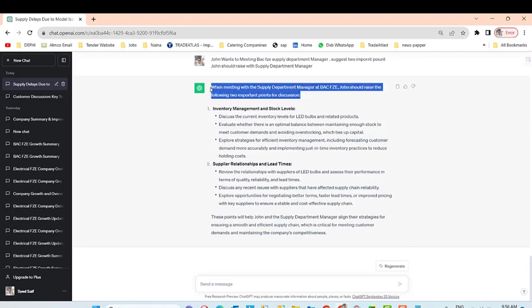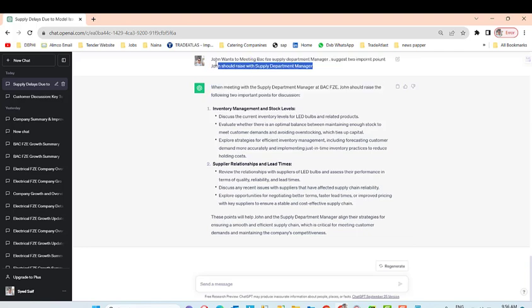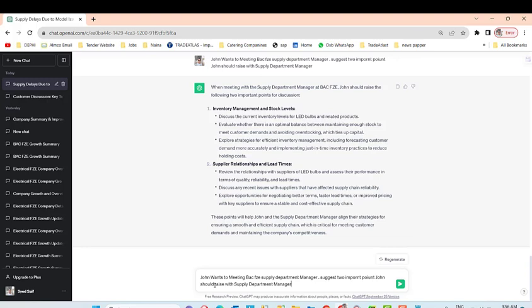So you just copy it, because that's where the prompt engineering comes in. It says John wants to meet back, and the two important points should be raised with the supply chain related to Jupiter building orders.